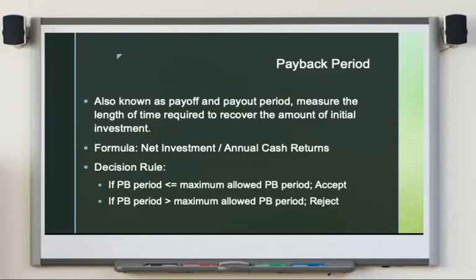After dividing the net investment by the annual cash return, the decision rule is: if the payback period is less than or equal to the maximum allowable payback period, then we can accept the project. If the payback period is greater than the maximum allowable payback period, then we should reject the project.